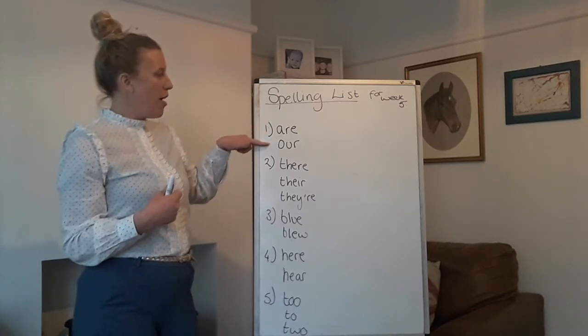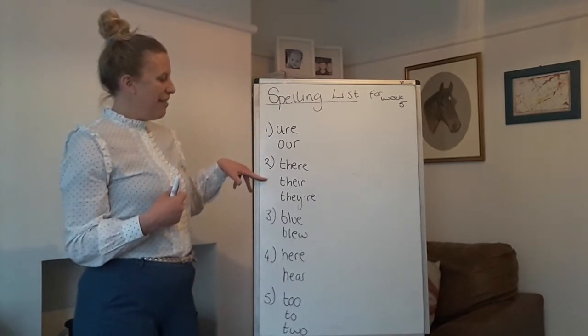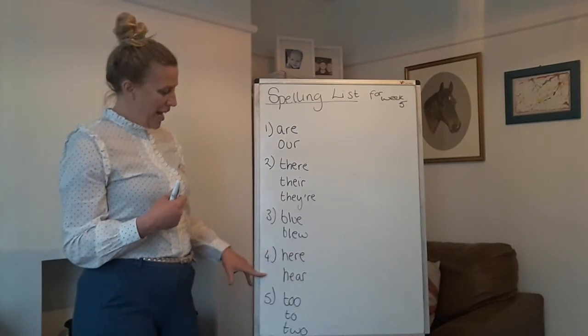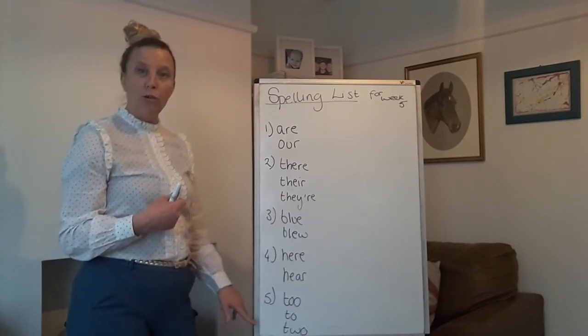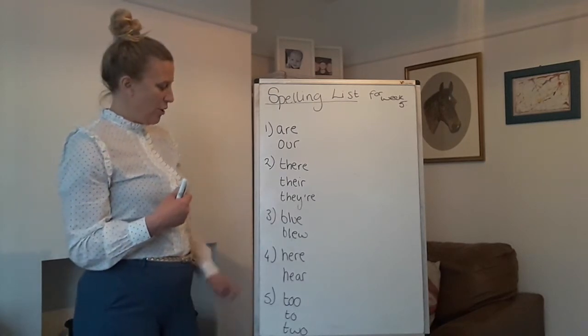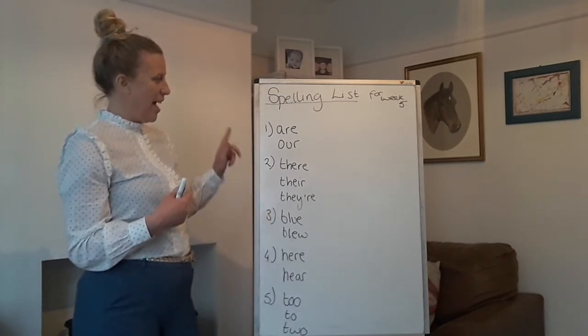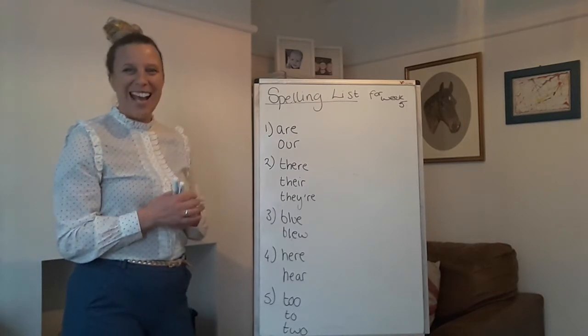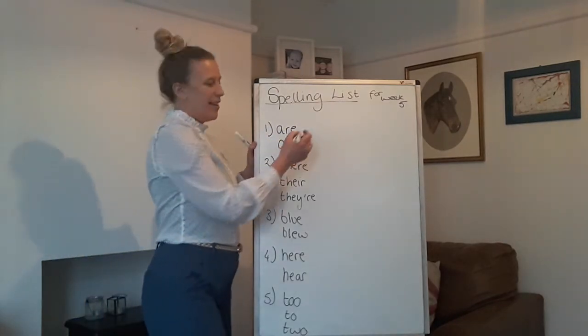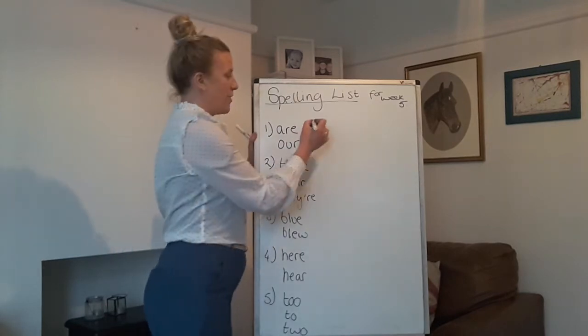So we've got are and our, there and their, blue and blew, here and hear, two and too. Okay, so are, A-R-E. This is the verb to be, obviously.